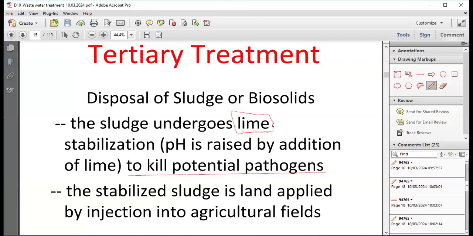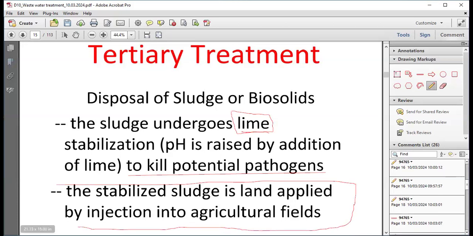You heard about this one, limestone. Lime stabilization: pH is raised by addition of lime to kill potential pathogens. The stabilized sludge is land applied by injection into the agricultural fields, like fertilization. This is also an important, remarkable factor.